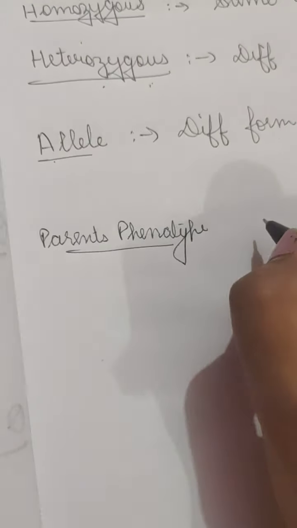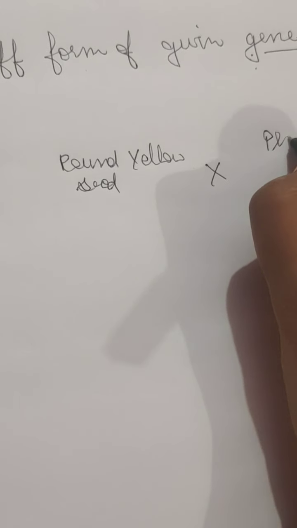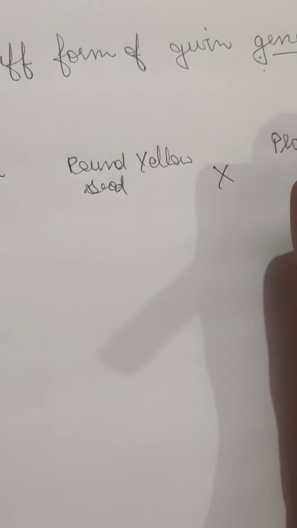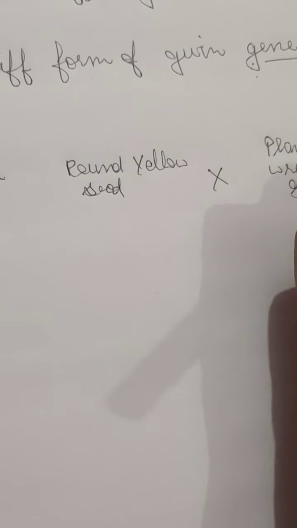Okay, so a plant having round yellow seeds will be crossbred with the other plant, having wrinkled green seeds.